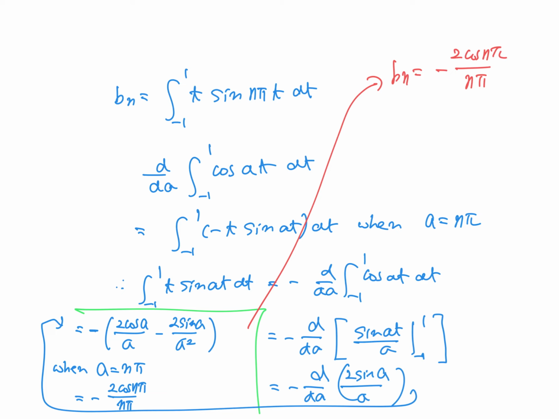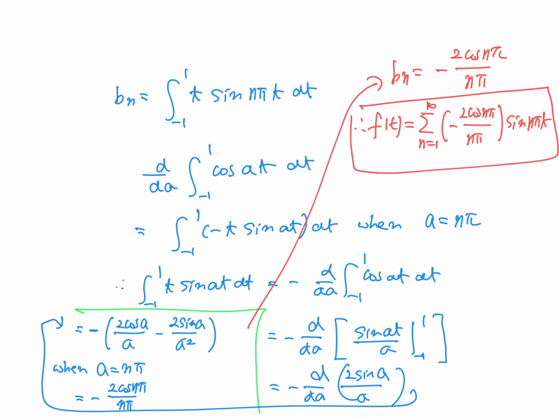So f(t) is the sum of minus 2 over n pi cosine n pi sine n pi t. That's your answer. Let me check with my note.